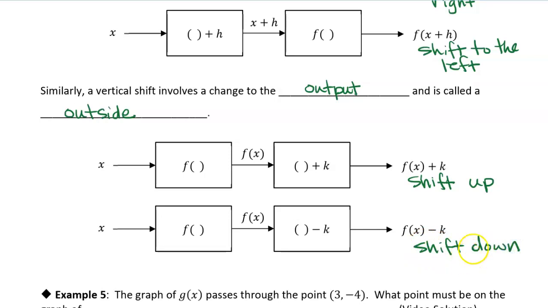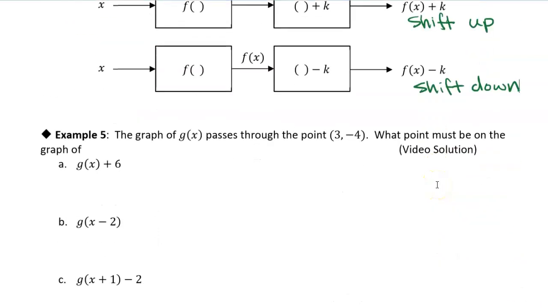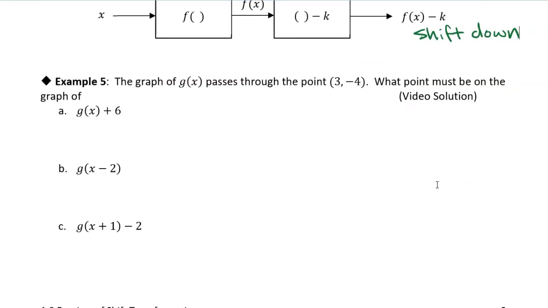All right, now that we've summarized that, let's go ahead and look at example 5. We're just going to use what we learned. We're told that the graph of g of x passes through the point (3, -4). So what point must be on the graph of g of x plus 6? If the input is 3, then g of x is negative 4, and then we're adding 6 to it.